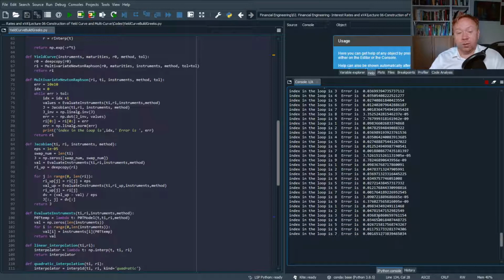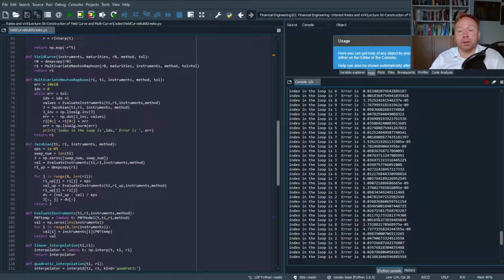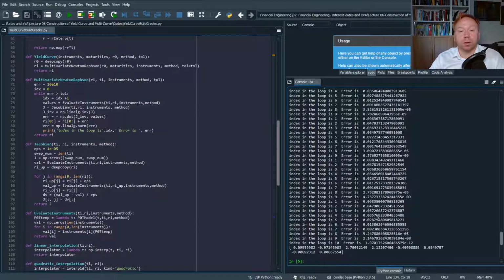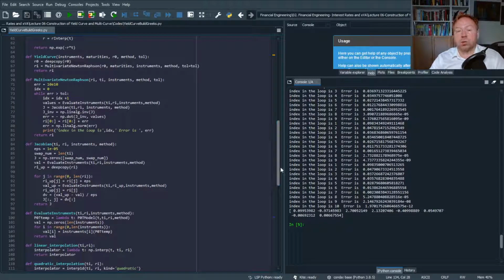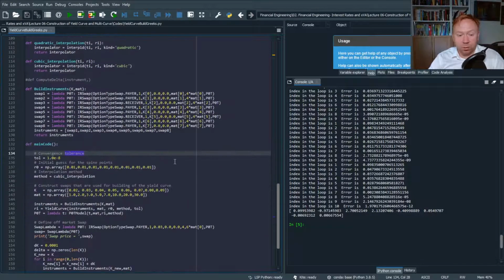Obviously this can be improved, but at first sight, if everything else were the same, it's clear that cubic interpolation is much slower than linear. Of course, it is also a much more advanced interpolation because it takes into account not only neighboring points but many more points in the construction of the yield curve. Okay, so now let's take a look at the results.